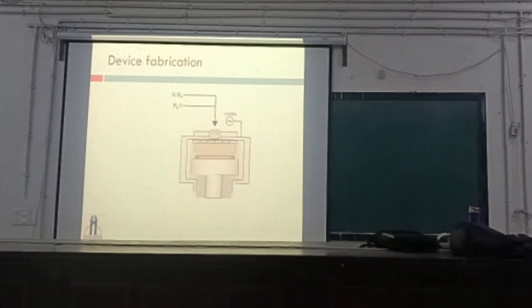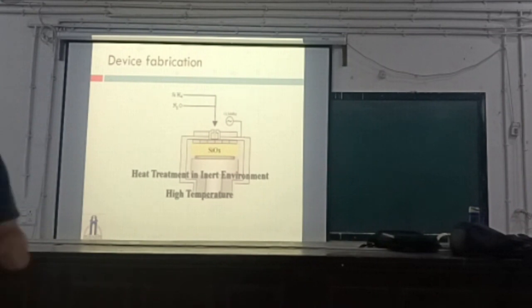Here this is called PECVD, plasma enhanced chemical vapor deposition. If you use silane gas and nitrous oxide together in a plasma chamber, then you get non-stoichiometric silicon oxide, SiOx. SiO2 is silicon dioxide, but here x is less than 2.